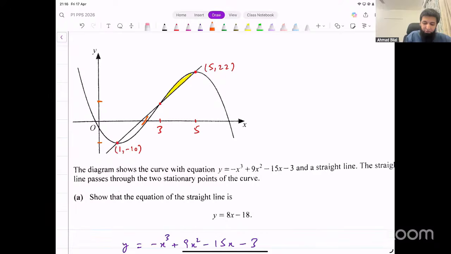If they also asked you for this area, using the x-axis formula would not be very straightforward. It'll be very tricky. So if you did have to find this area as well, you would find the area between the curve and the y-axis and the line and the y-axis and subtract that, and that will work. Okay.